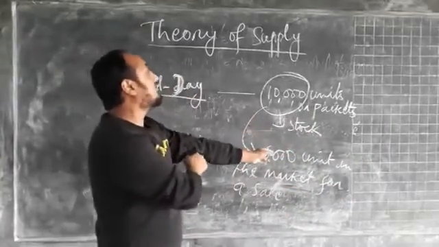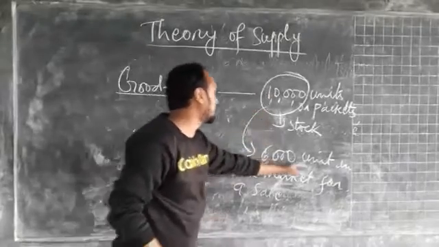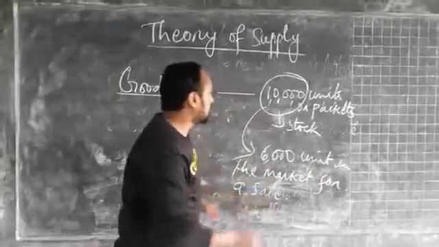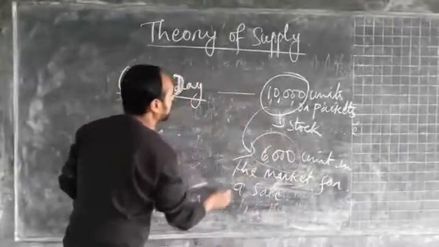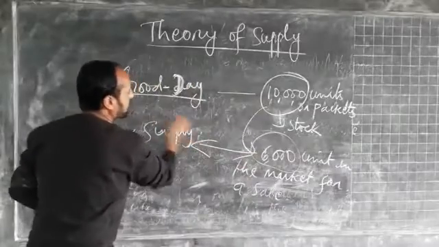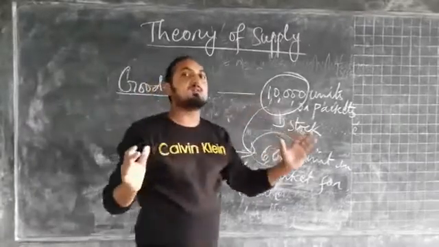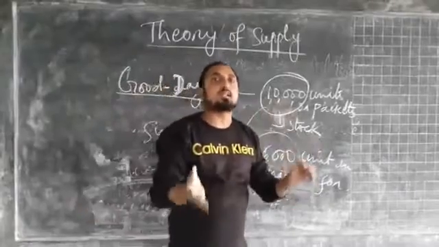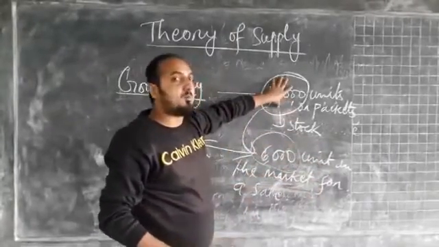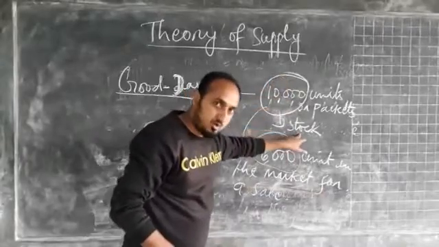Out of this 10,000, suppose 6,000 units are brought into the market for sale. So this 6,000 units of biscuits can be considered as supply. Whatever the total production taking place in the firm, that total amount of commodity can be considered as stock.